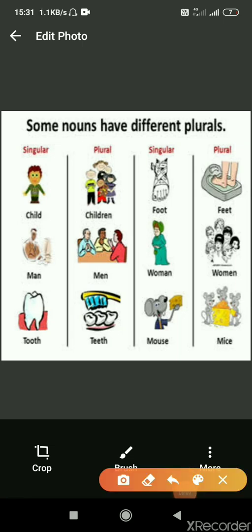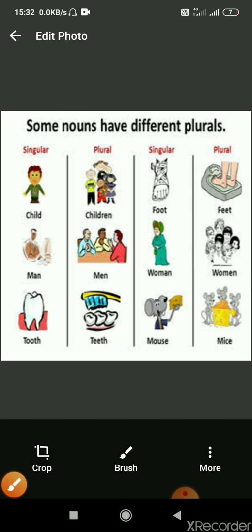Next word is woman. W-O-M-A-N, woman. And the plural form will be women. W-O-M-E-N, women. Next word is tooth. T-O-O-T-H, tooth. And the plural form will be T-E-E-T-H, teeth.